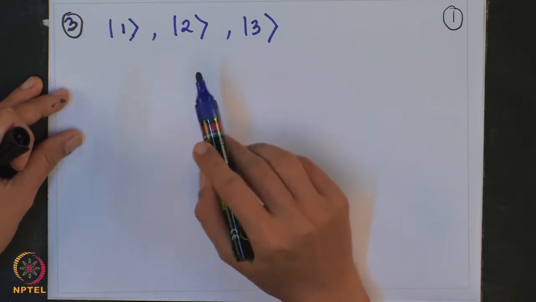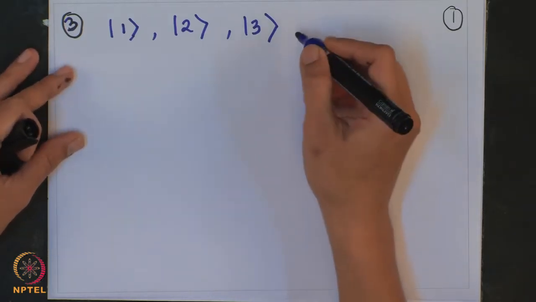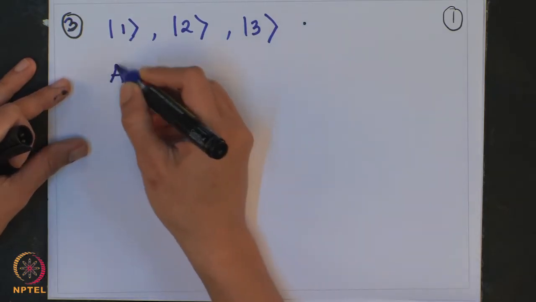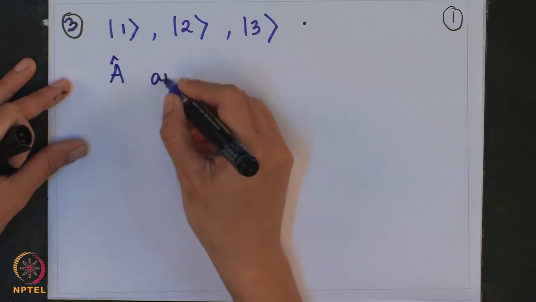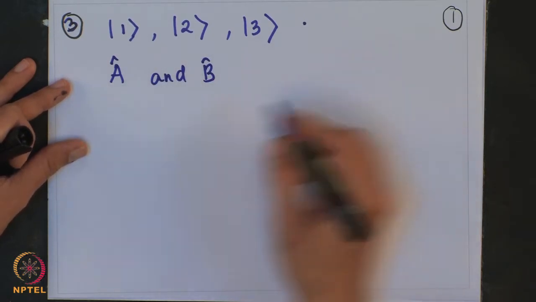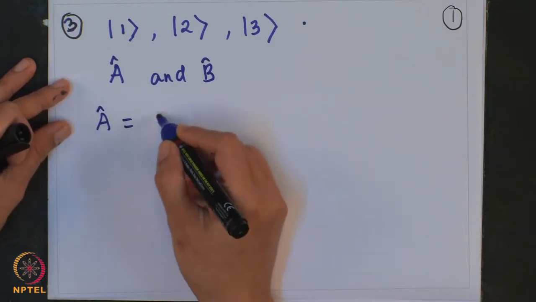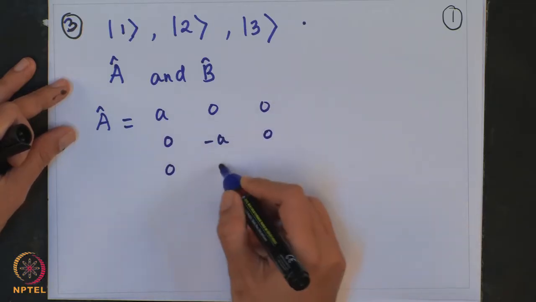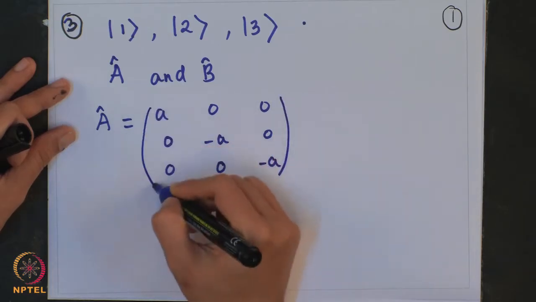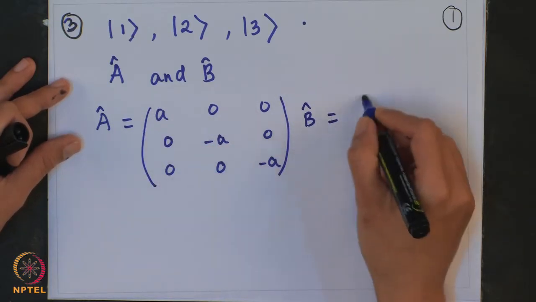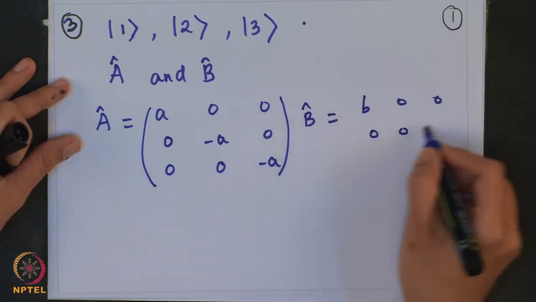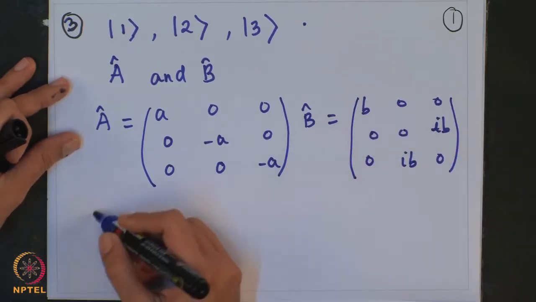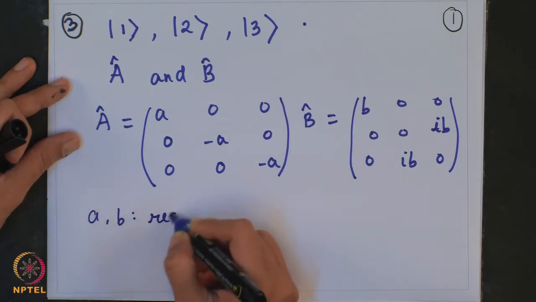Ket 1, 2 and 3 are orthonormal and they form a basis for operators A and B. Operator A is represented as diagonal matrix with entries A, minus A, minus A. In operator B, we have B, 0, 0, 0, 0, IB, and 0, IB, 0. A and B are real.